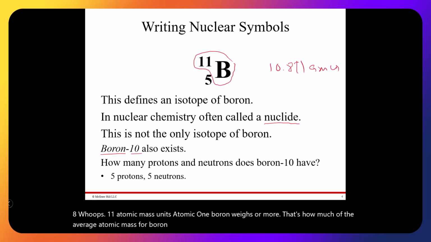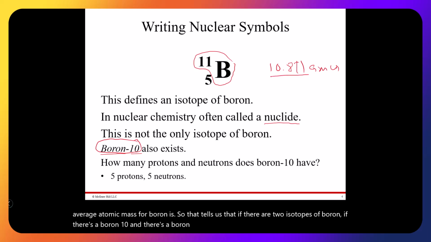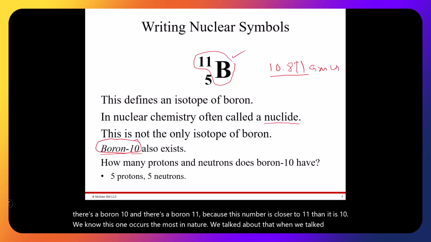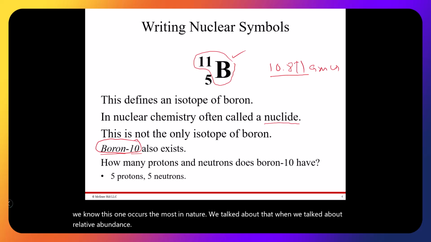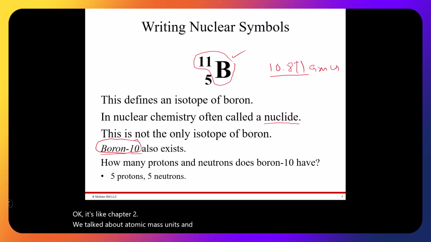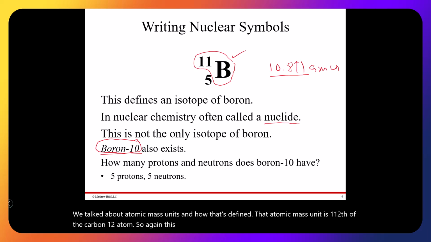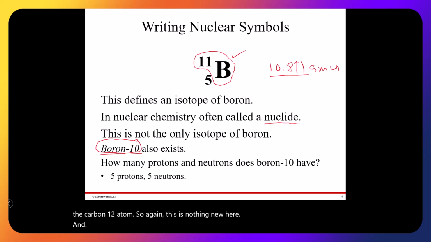So that tells us that if there are two isotopes of boron, a boron 10 and a boron 11, because this number is closer to 11 than it is to 10, we know boron 11 occurs the most in nature. We talked about that when we talked about relative abundance. I think it's like chapter 2. We talked about atomic mass units and how that's defined, that an atomic mass unit is 1/12 of a carbon-12 atom. So again, this is nothing new here, and hopefully it's just a refresher.